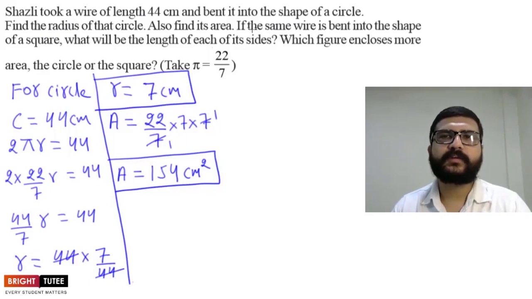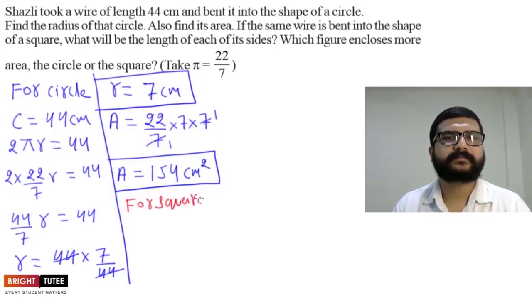Now what we have to do? We have to bend the same wire in the shape of square and then we have to find length of its each side. So now we are doing it for square. So for square, perimeter is 44 centimeters, because this wire of length 44 centimeters is bent into a shape of square.